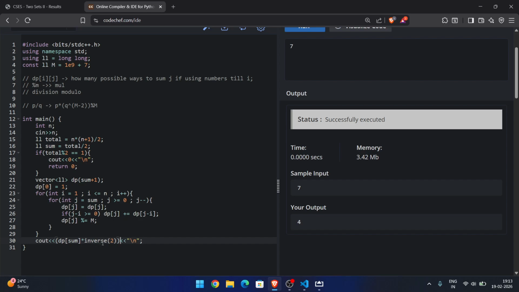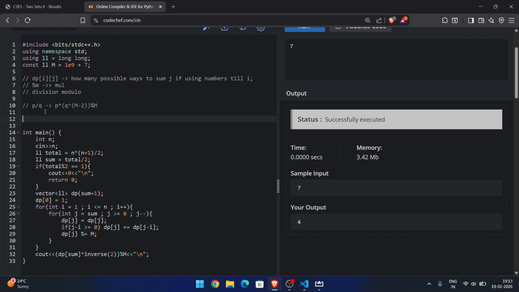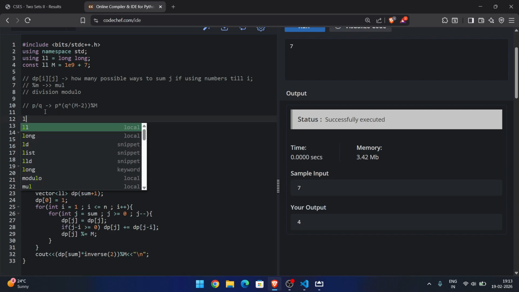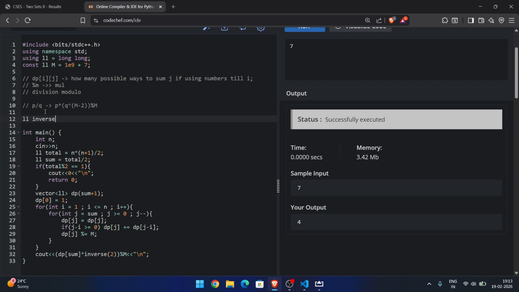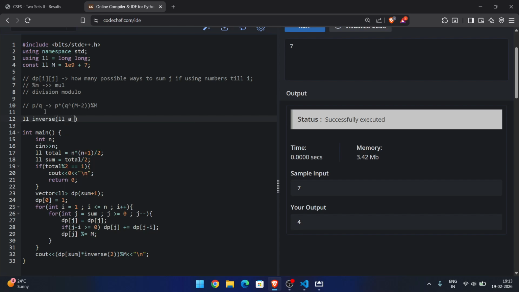We will multiply that, and after that we will take the modulo. Okay, so the inverse of a number A will give us.